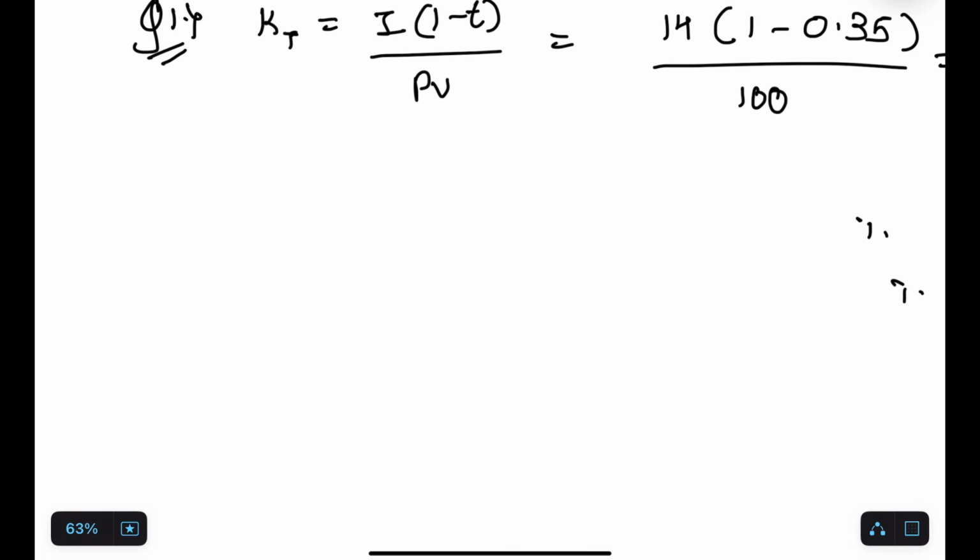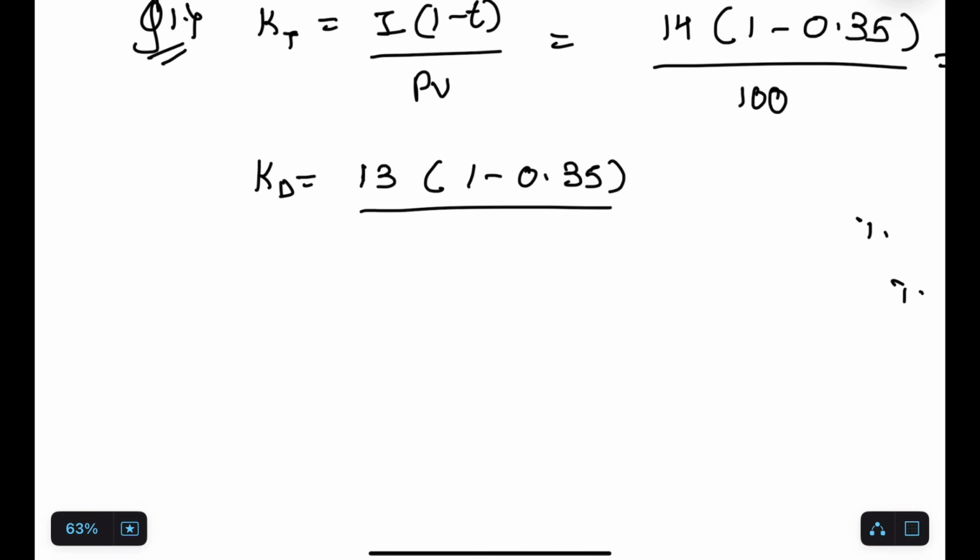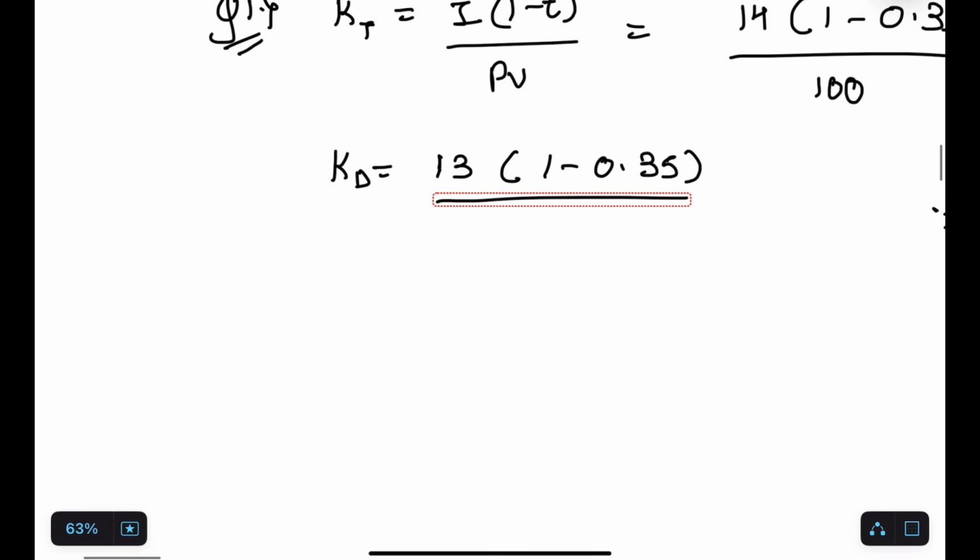So now we would calculate cost of debt for the debenture. So interest remains at 13%. Tax is the same, 0.35. And here PV changes as face value is rupees 100. There's a discount of 2.5% and there is a flotation cost of 1%. So it gives me 96.5 rupees as my PV.